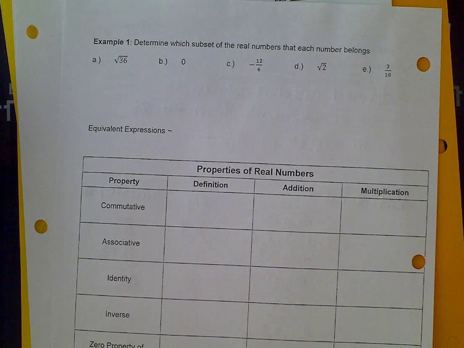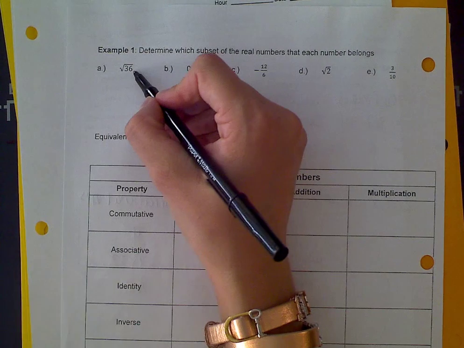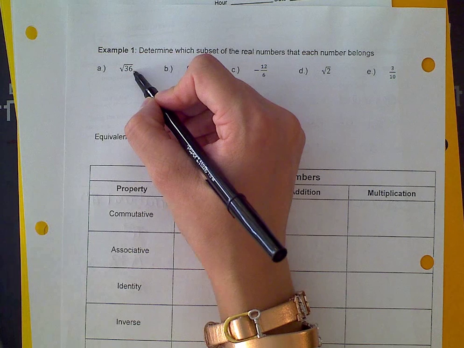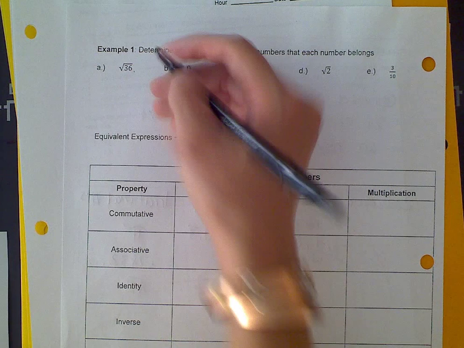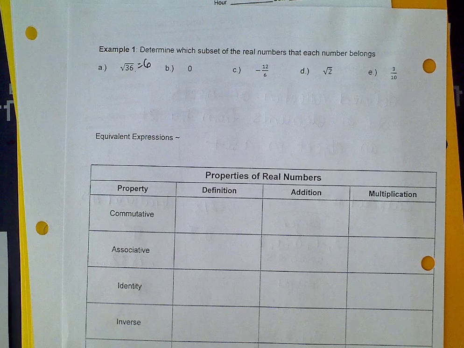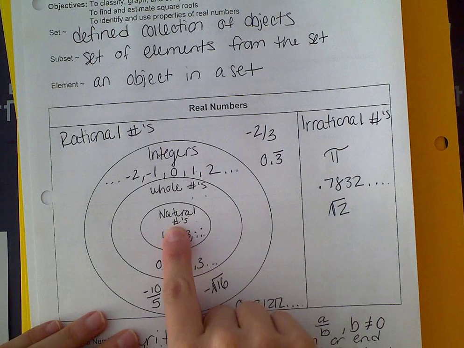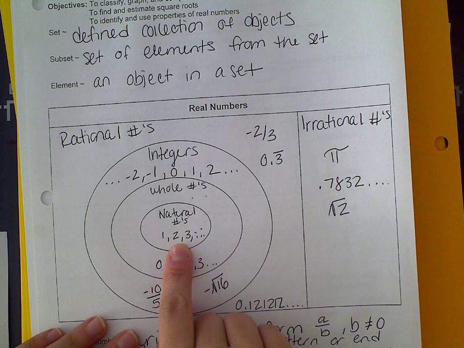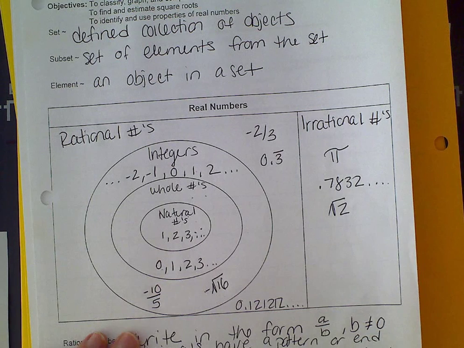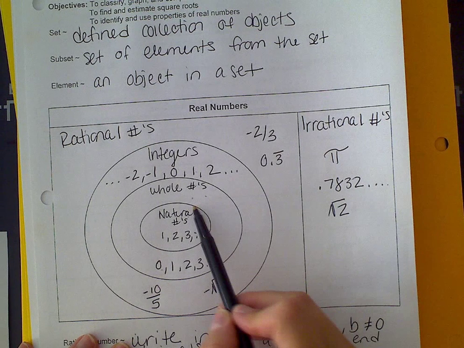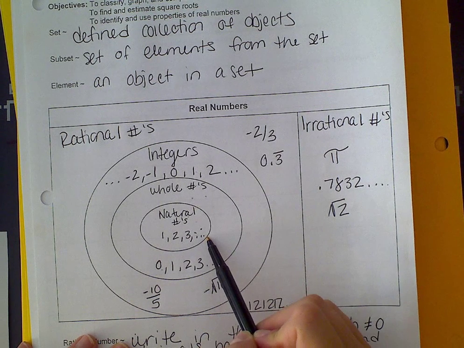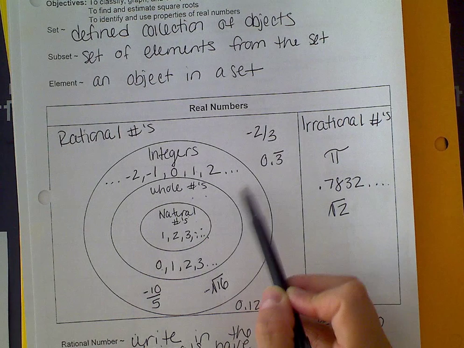Okay, so Chloe, what really is the square root of 36? Because they're trying to trick us here. 6, right? So when we look at 6, would 6 be in the set of natural numbers? Yeah. Now, what do you know about a Venn diagram? If it's in this one in the middle, it's also in every other one on the outside of it, right?